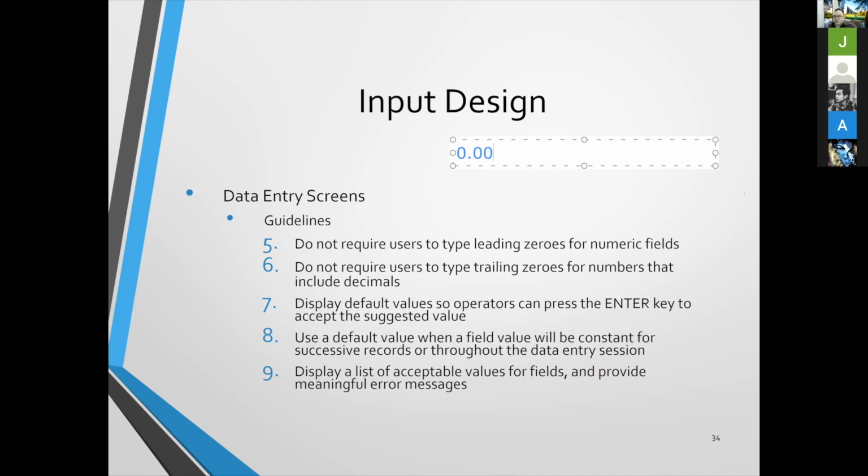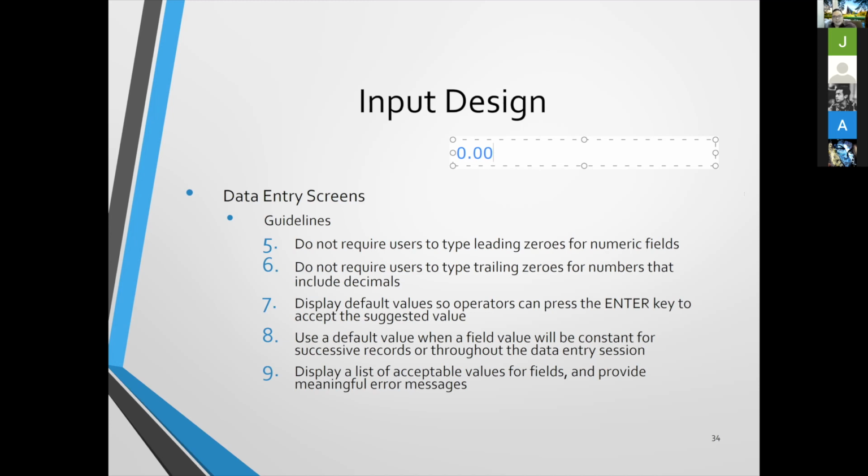If the users would like to change it, you allow them to change. But if the default date must be the current date only, you don't allow them to change it. Make that field a gray color so that users know this is not allowed to change, you have to use the current date only. That is the default value.